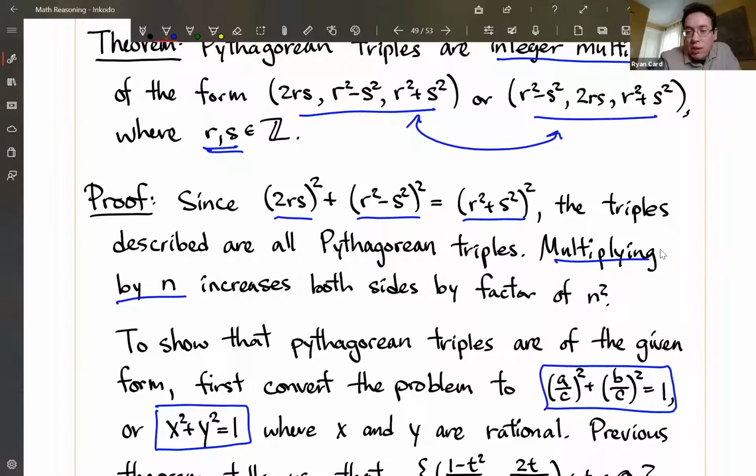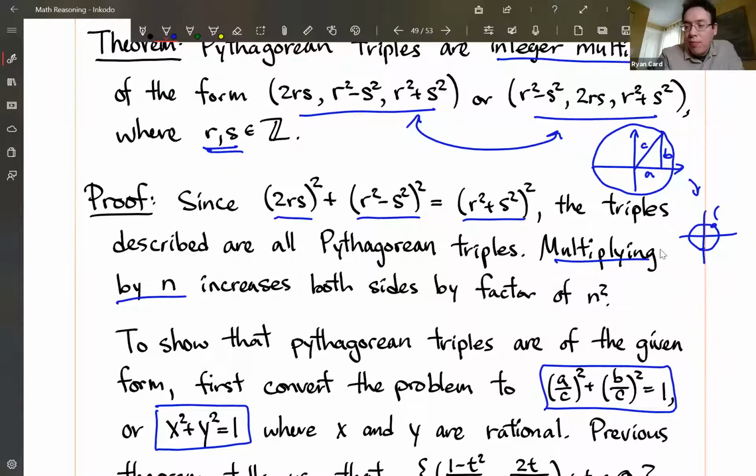I'm trying to draw a picture of what's happening here. So if we have this Pythagorean triple a, b, c, it's a right triangle. If you divide everything by c, you'll rescale this to a point on the unit circle.